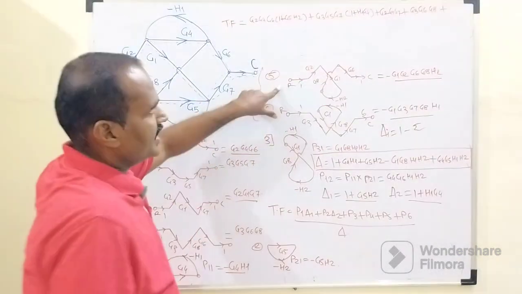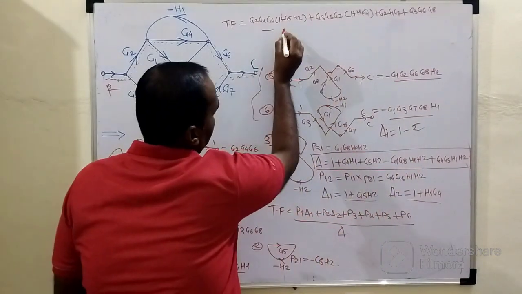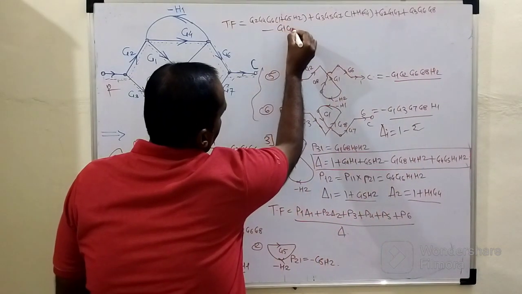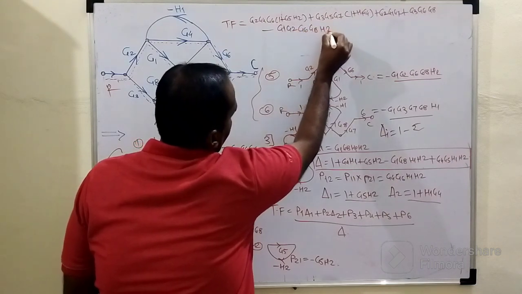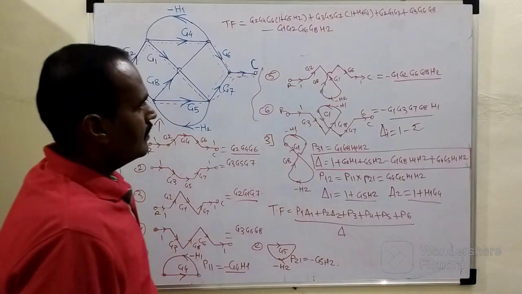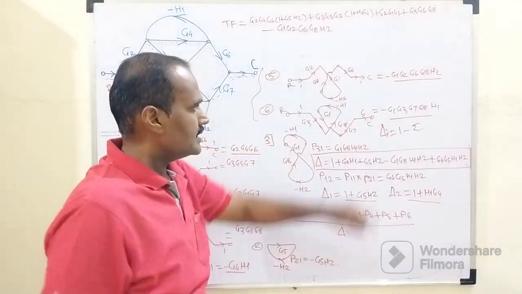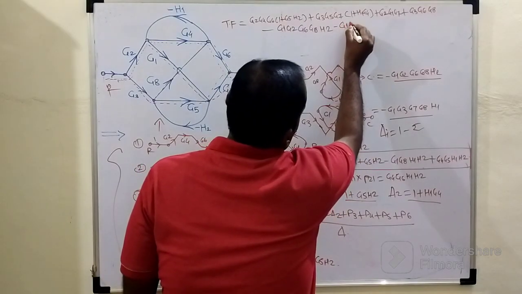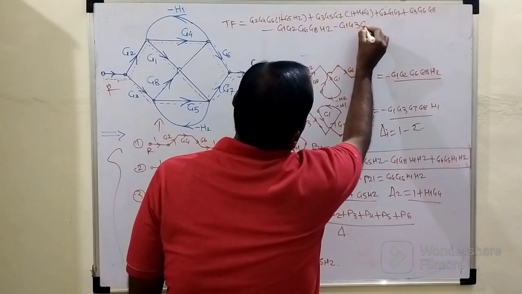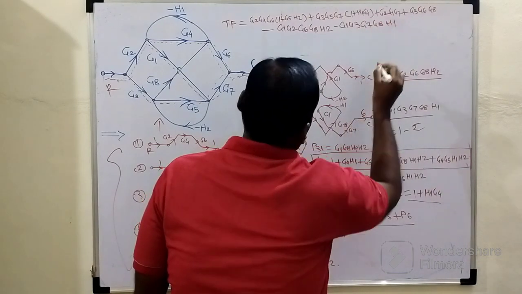P5 is denoted with a negative sign, so it becomes minus G1 G2 G6 G8 times H2. Similarly, forward path number 6 is denoted with a negative sign, so it becomes minus G1 G3 G7 G8 times H1.